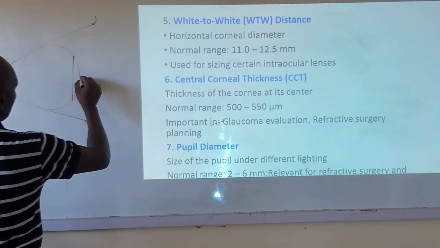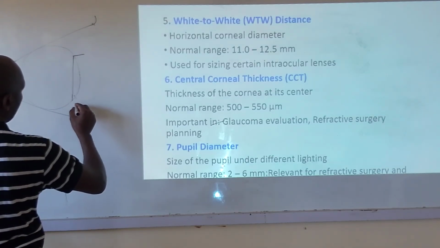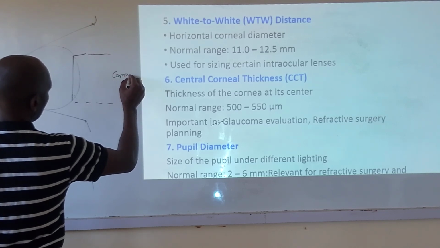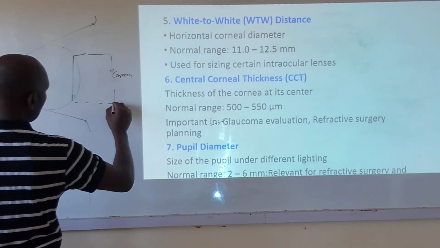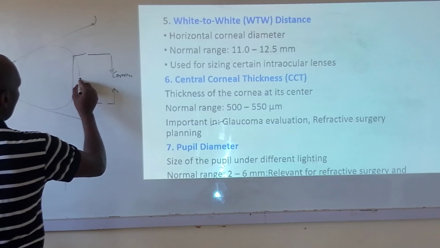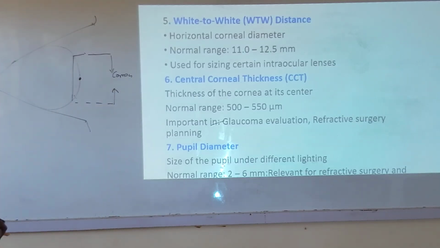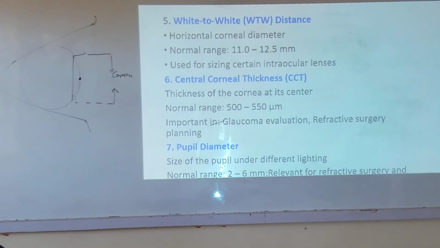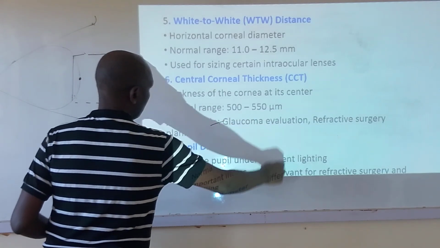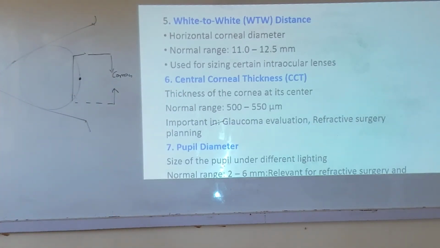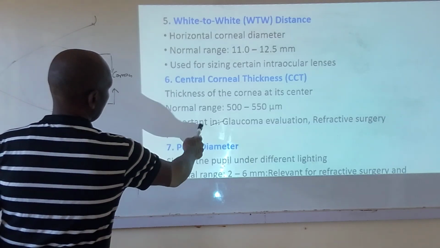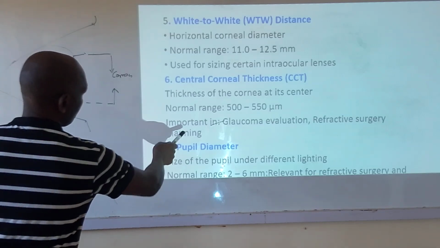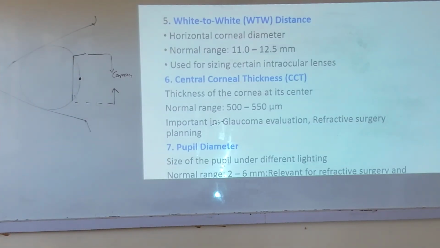From here to here is your cornea. So at the center of this cornea, we normally measure the thickness, and the normal range is 500 to 550 micrometers. It is also important in evaluating glaucoma and also refractive surgery planning.